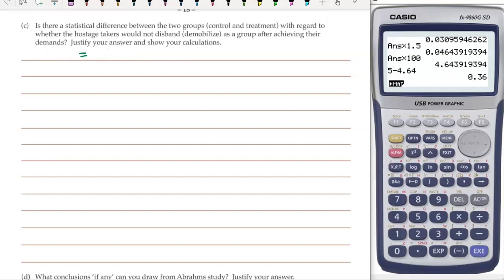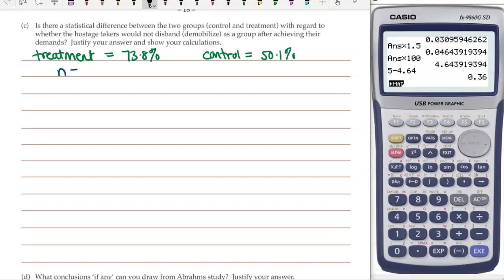It was the treatment group that thought that they would not demobilize upon achieving the demand is 73.8%. Just a little lesson there, making sure you've read your key correctly. And it's the control group whose proportion that thought that were 50.1%.